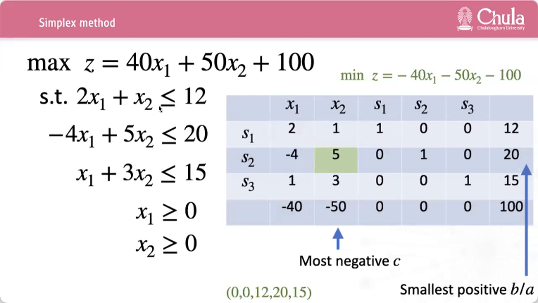Okay. Because you see that from this expression, we have the first constraint, 2x1 plus x2, right? And we change this from less than or equal to equal. So we add s1 here, right? You got the point? No?